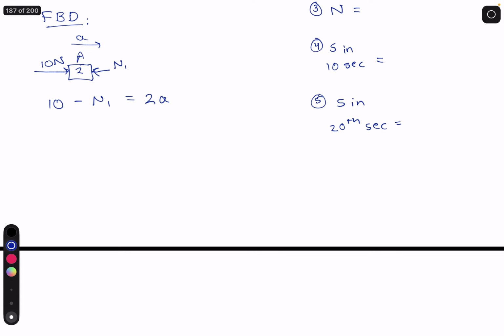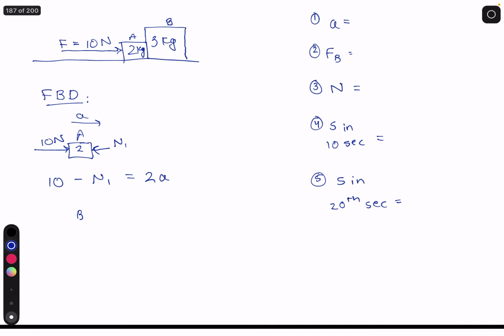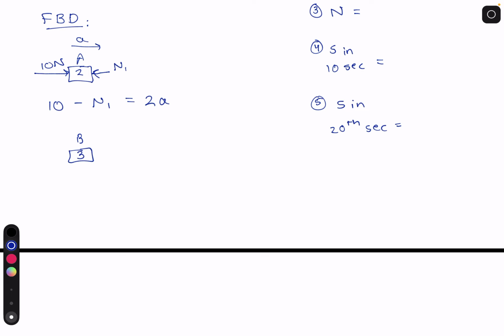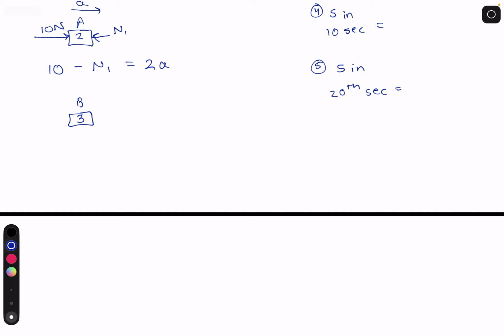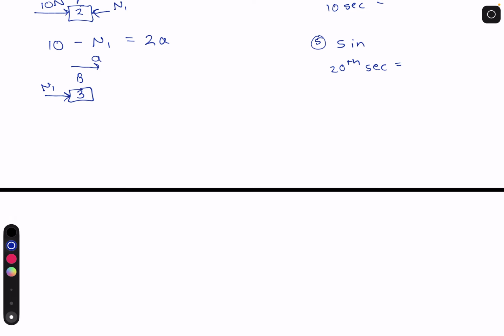And in block B, which is 3 kg, there isn't a force of 10 Newton directly on block B, so I'm going to guess that just the normal reaction N1 is going to apply on block B. I'm going to assume that its acceleration is in this direction, so that means that 3A is equal to N1, or I can write it backwards.